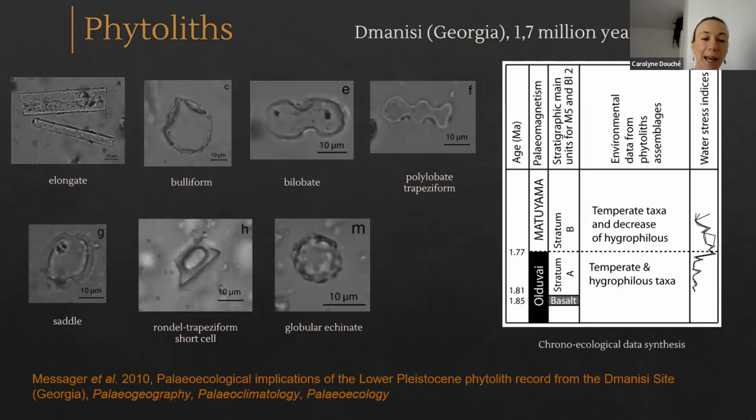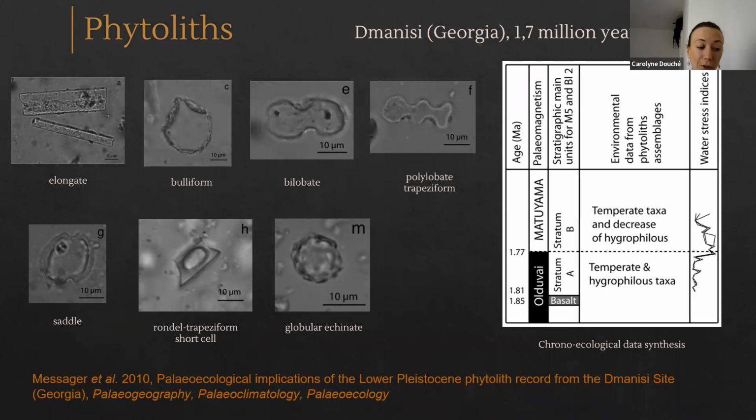As an example to illustrate this, here you can see very old phytoliths from the site of Dmanisi, which is located in Georgia. They were dated to 1.7 million years ago.